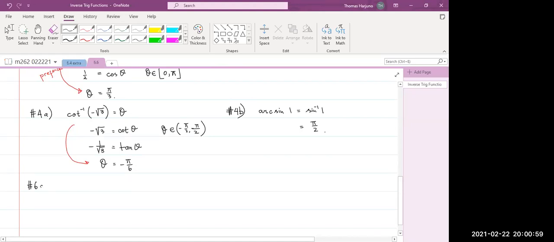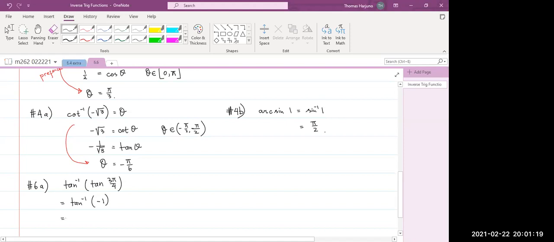Number 6a. What is tangent inverse of tangent 3 pi over 4? Tangent in quadrant 2 is negative. Tangent of 3 pi over 4 is negative 1.